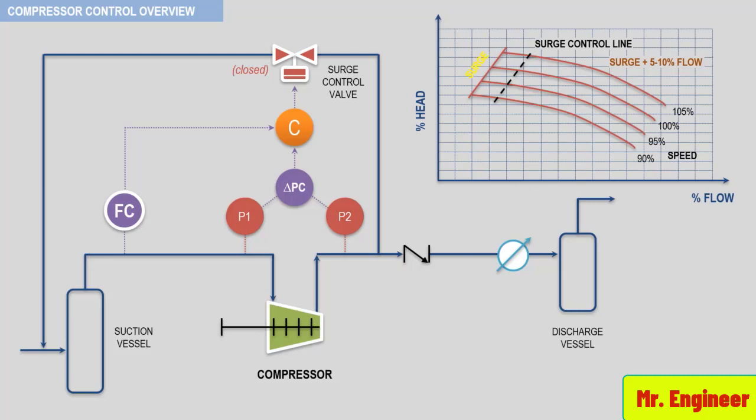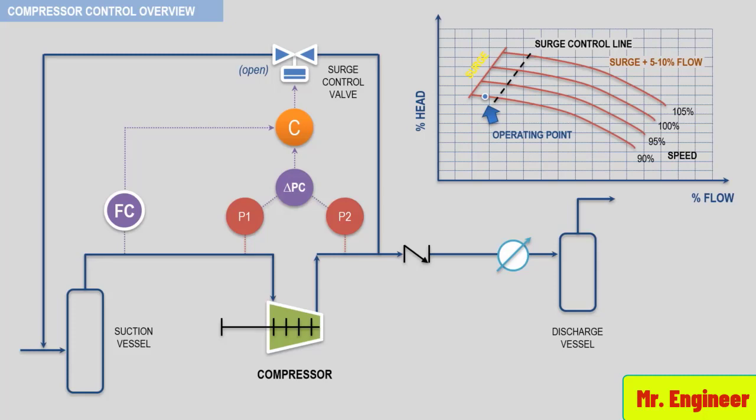Let's assume in our case here that our operating point is located here, so to the left of the surge control line. In this case, the controller will trigger an output signal to open the valve. This action will reduce the head required by the process system and will increase the compressor flow throughput, which will protect the compressor from surge.